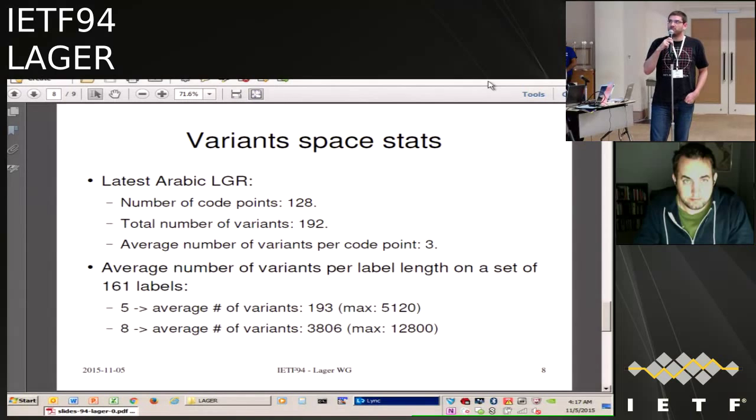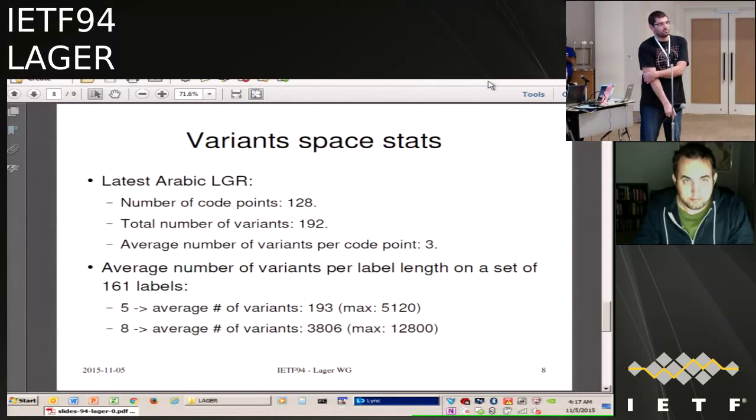Actually, they're not so high, but you can see, for example, with a label of length 8, we can have more than 12,000 variants. So once again, you have to think about how you will keep them in memory and how you will offer and display them to the user.